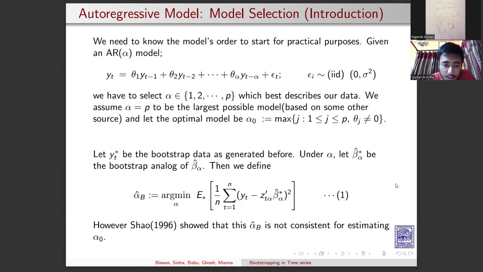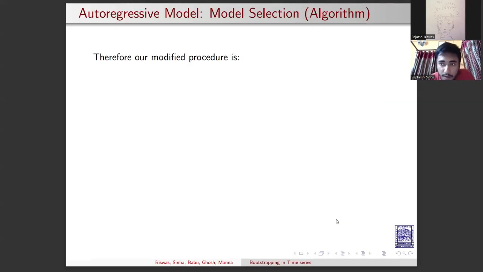However, Shao in 1996 showed that this method is not consistent for estimating alpha_0. Therefore, we modify our procedure.